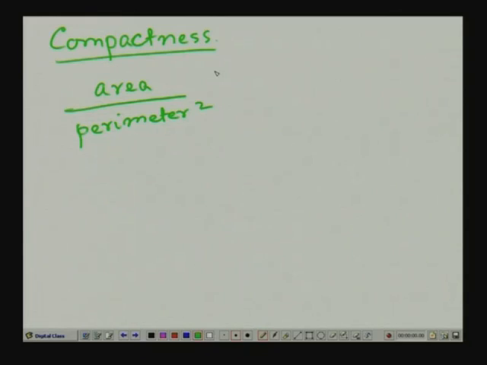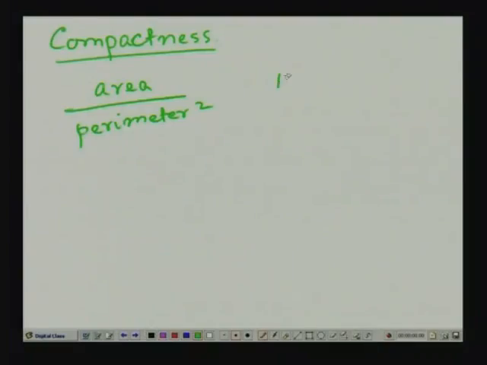We know that a circle is maximally compact. For a circle, the area is given by pi r square and the perimeter is given by 2 pi r, and if I take the square of this and then take the ratio, this simply becomes 1 upon 4 pi.